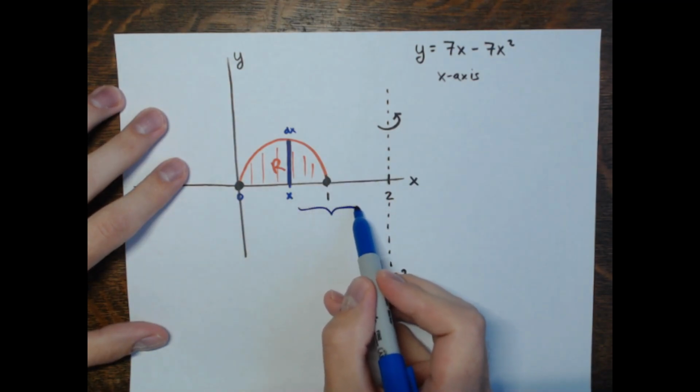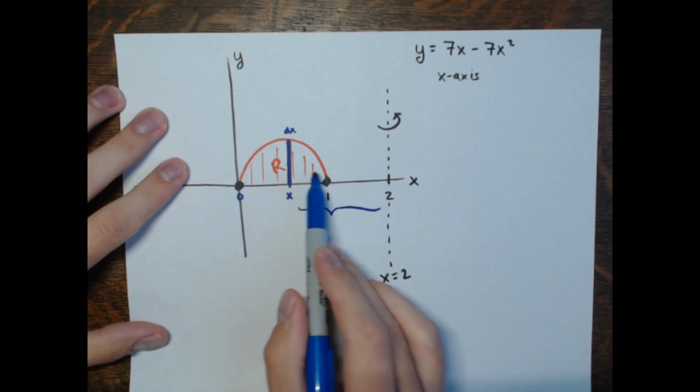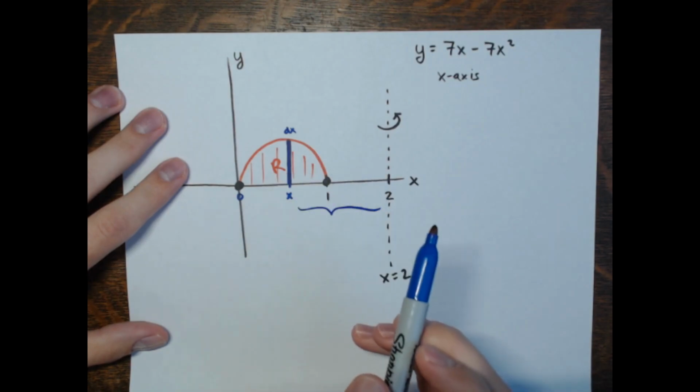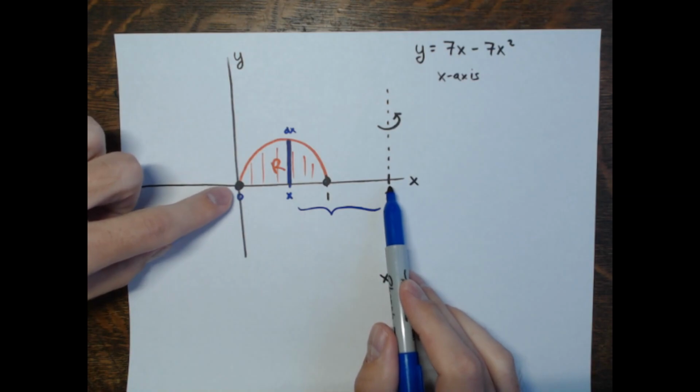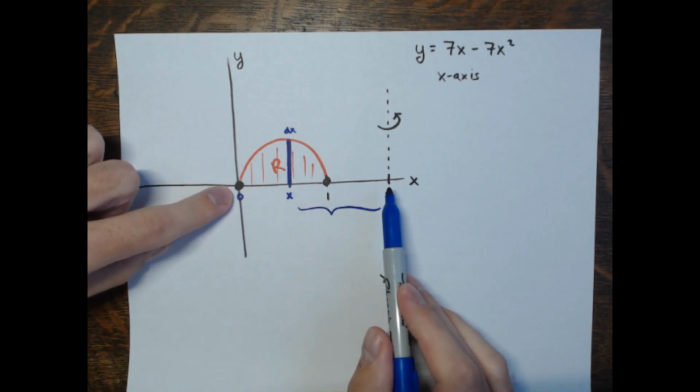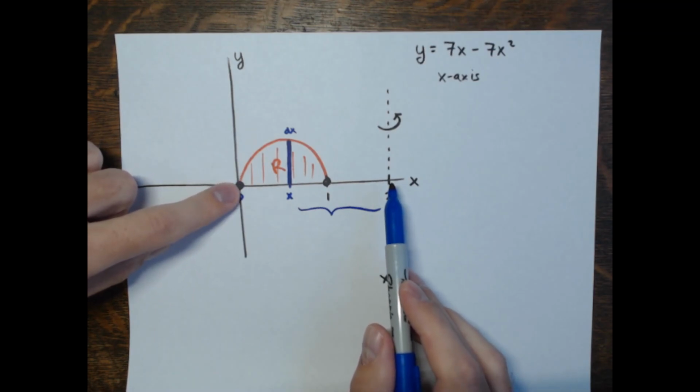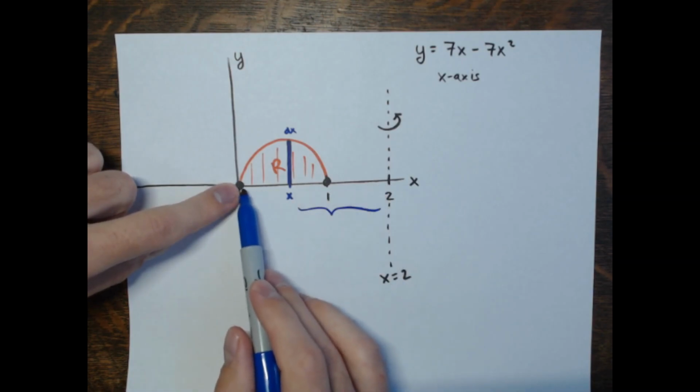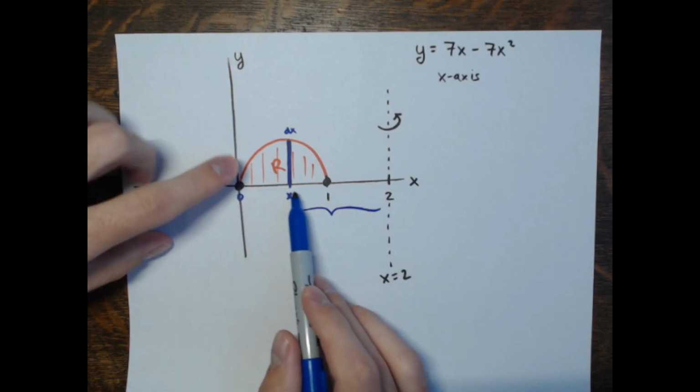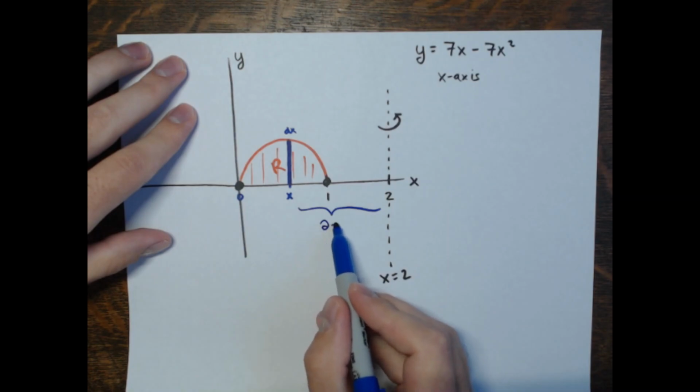The radius is the distance between the line and the rectangle, which here is 2 minus x, right? We saw something like this earlier. If I go from the y-axis to the line we're rotating around, that's 2 units. And then from the y-axis to the rectangle is x units, so what's left between them is 2 minus x.